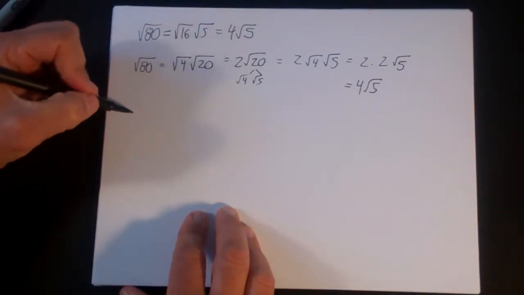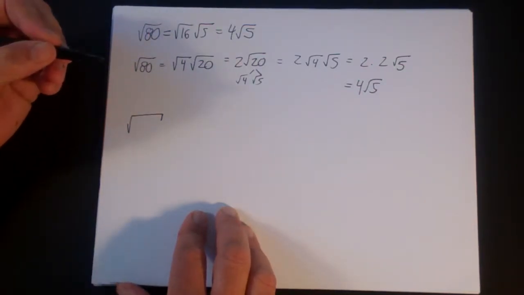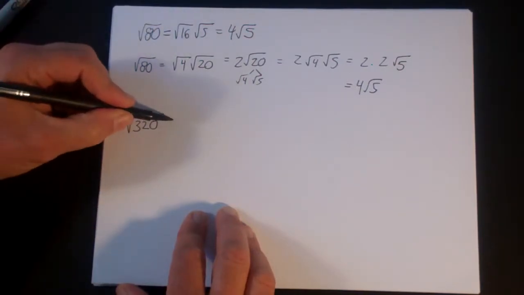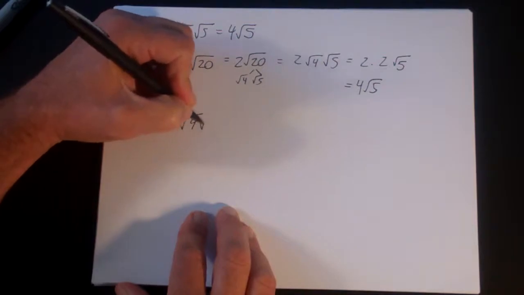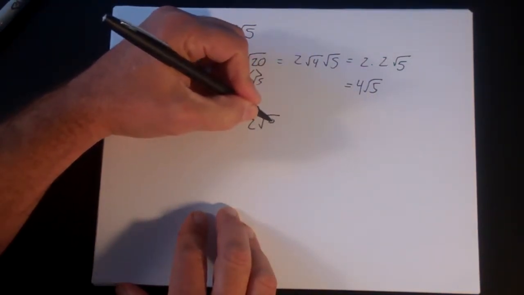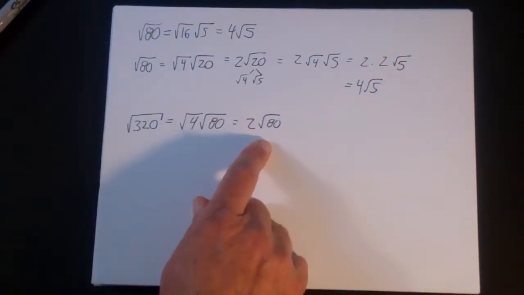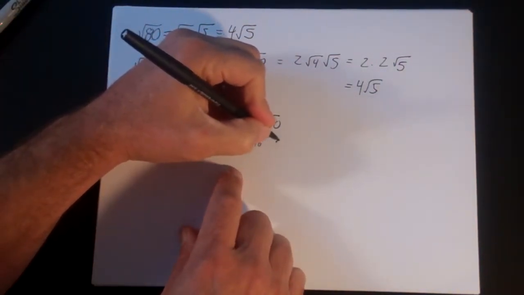And that's helpful sometimes when you have a very large number and you're not necessarily sure what the largest perfect square is. Square root of 320. Obviously that's 4 and 80, which is 2 square root of 80. And then square root of 80 becomes, let's see, 4 and 20 or 16 and 5, either way.